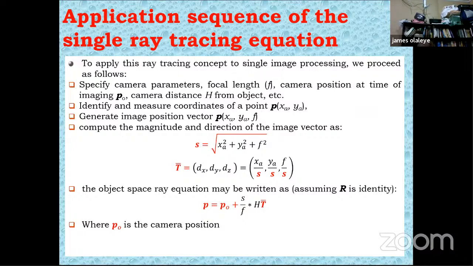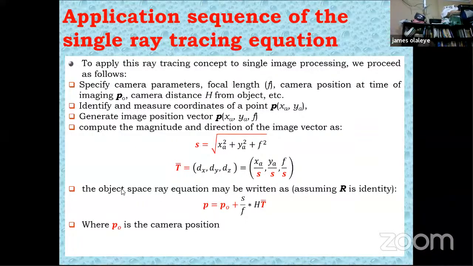And of course, once you have gotten S, then the direction of the ray, which is indicated by dx, dy, dz, can be computed by dividing every coordinate by the computed scale or S. Okay, and that's what is indicated here.